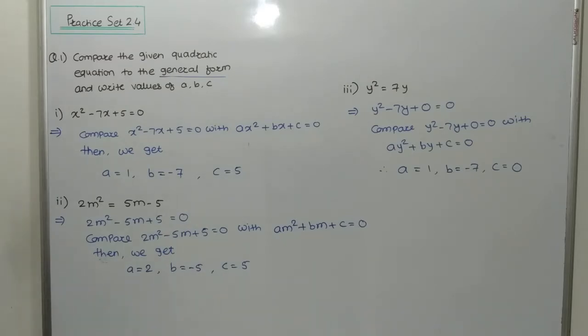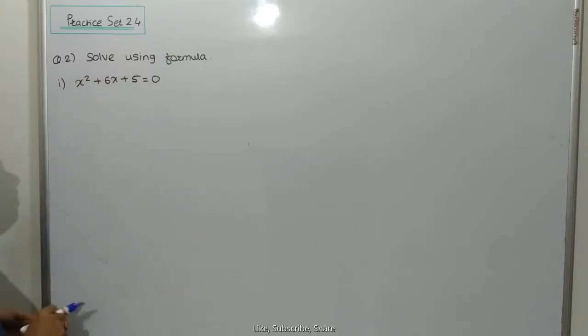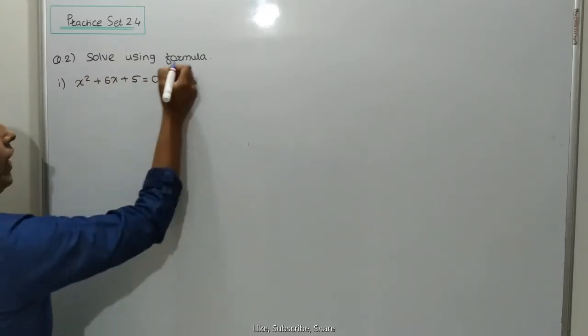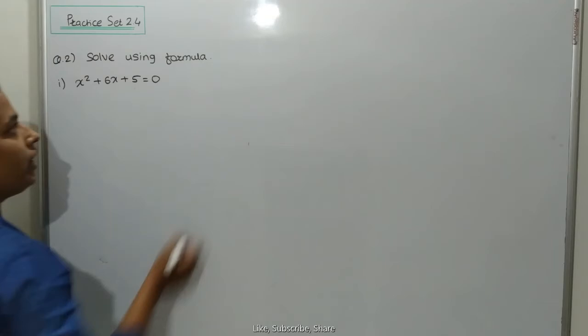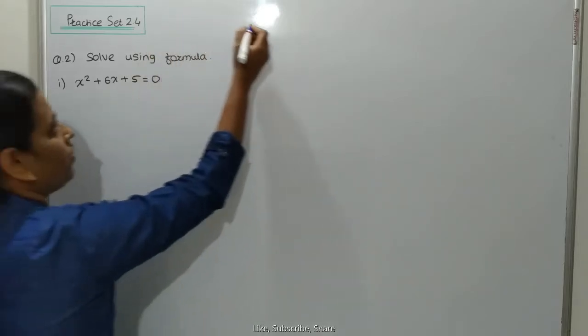Now next question you have to solve here, that is question number 2. Next question, question number 2, solve using formula. Okay, when we get the formula here, we know the formula for solving a quadratic equation. So what is the formula for solving quadratic equation? I am writing here.